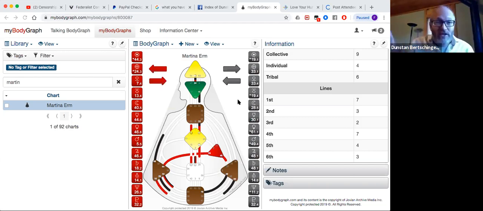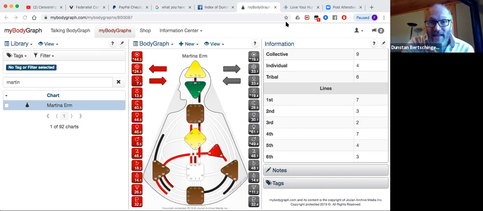If there was no definition, you would be a reflector, but you have lots of definition. If there was a motor connected to your throat, you would also be a manifester, but there's no motor connected to the throat, even though you have 3 out of 4 of the motors defined. The motors are the root down at the bottom, the emotional center over on the right, and the heart center just next to that.